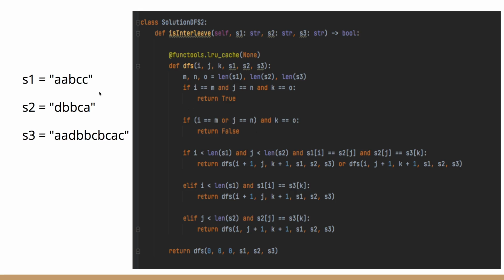Otherwise, when K reaches the end but only one of I and J reaches the end, that means we still have, for example, C left over, and A, B, C already matched this guy. We have one more character, so that's really bad, and we're gonna return false.